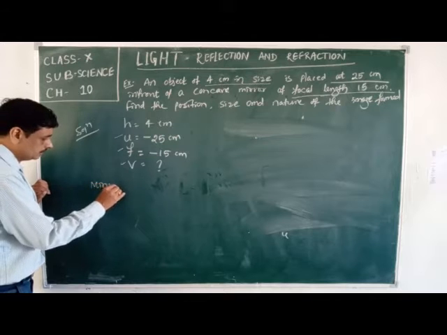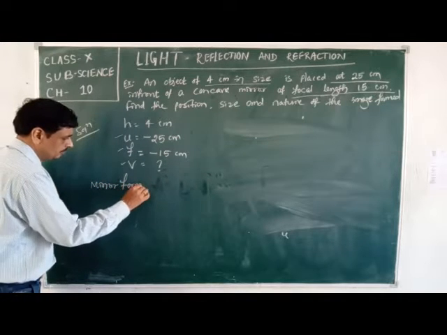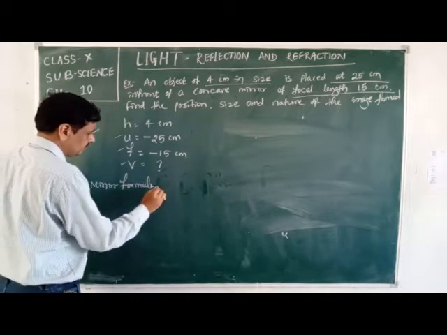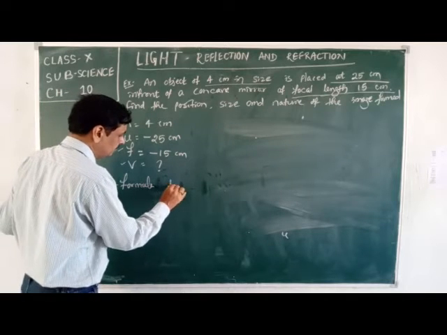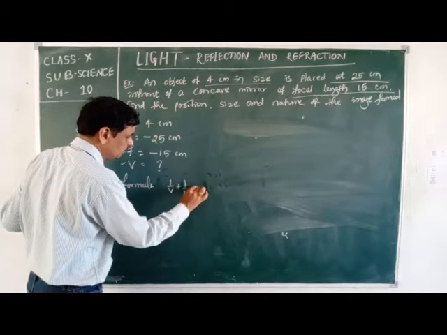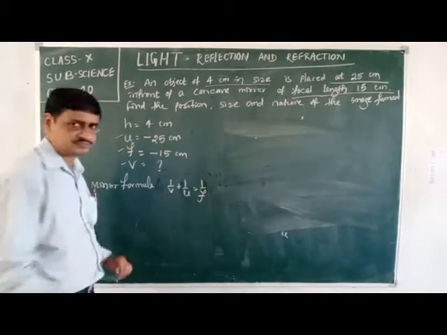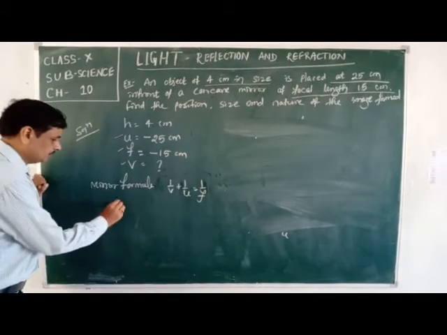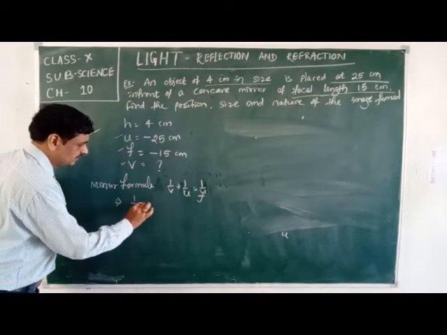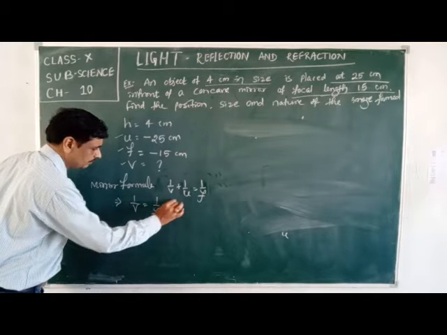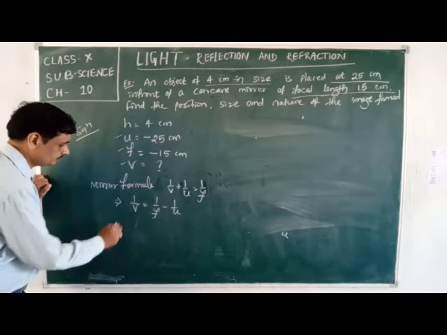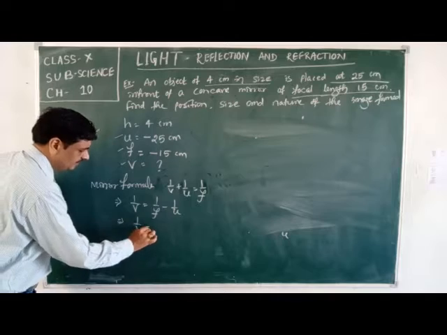Here, mirror formula: 1 by v plus 1 by u is 1 by f. This implies 1 by v is equal to 1 by f minus 1 by u.